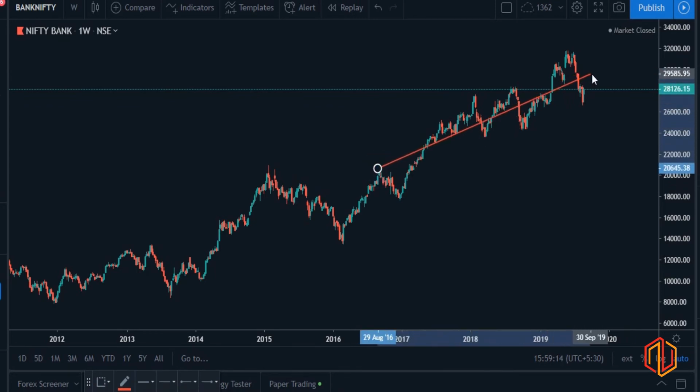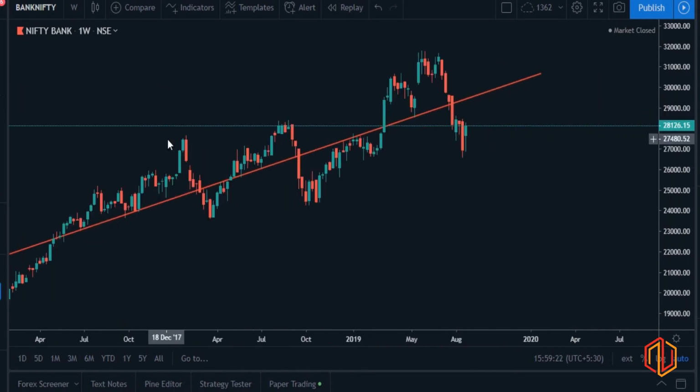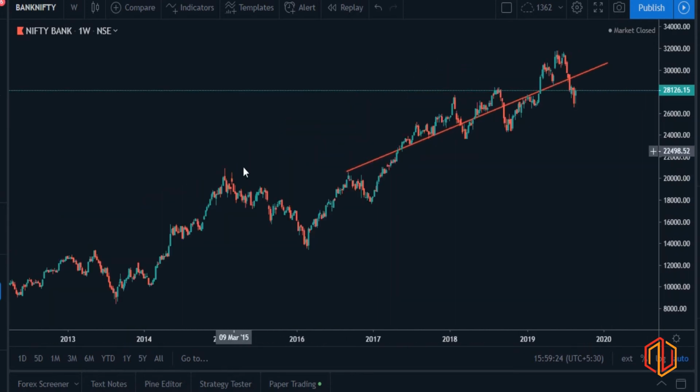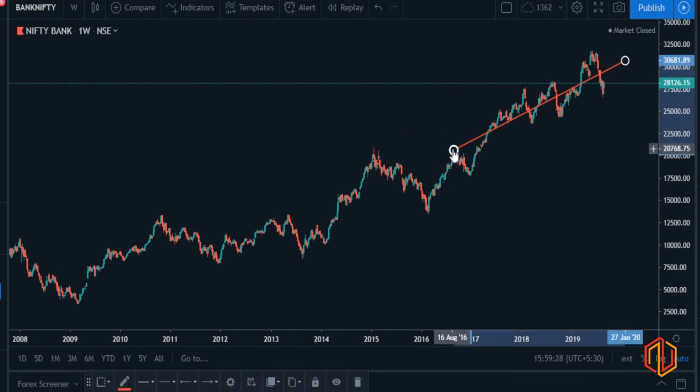Okay, so I see this is the clear trend line that I can draw here, which is able to identify the dominant trend. Okay, and I would also like to extend it backwards to see how much of the price action did fall on it.